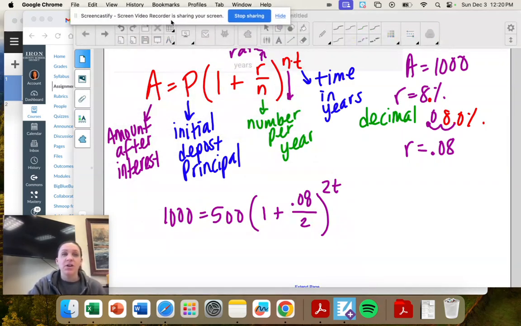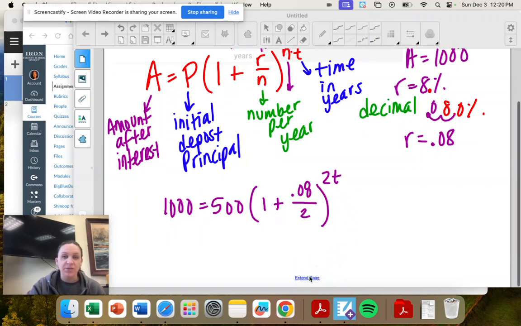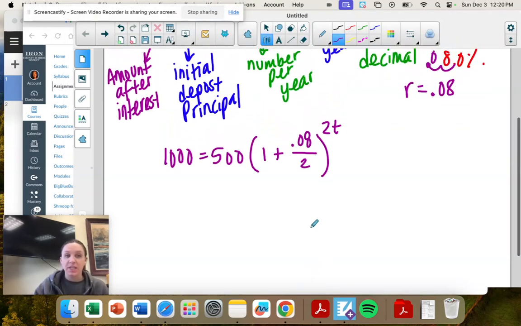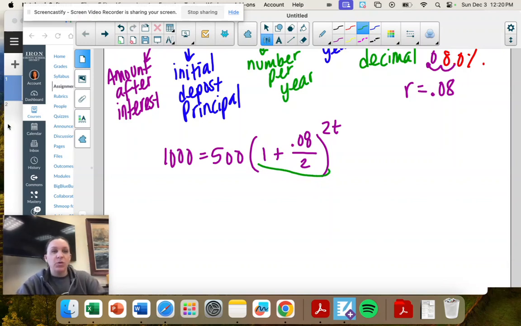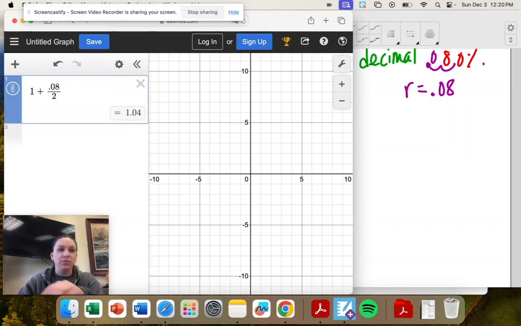So notice we're solving for a variable that's an exponent. That's because we're in the logarithm sections. We know how to do that now. So let's start by simplifying this part. 1 plus 0.08 divided by 2. So that's 1.04.